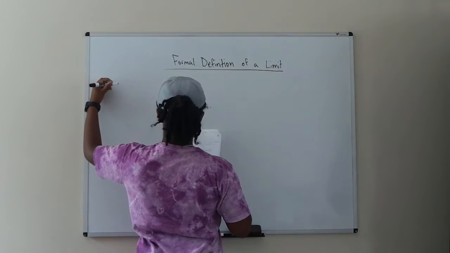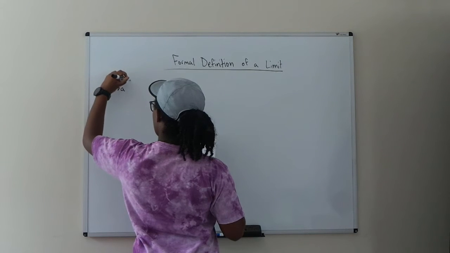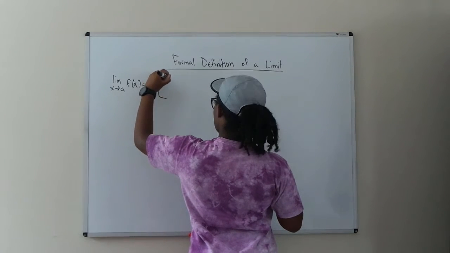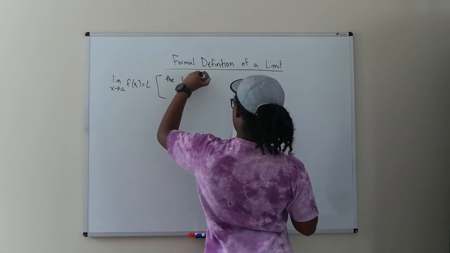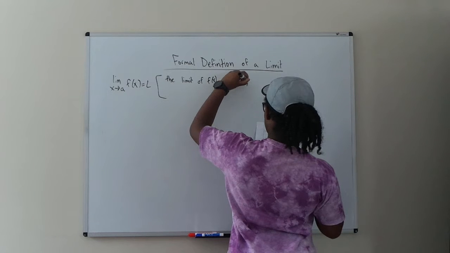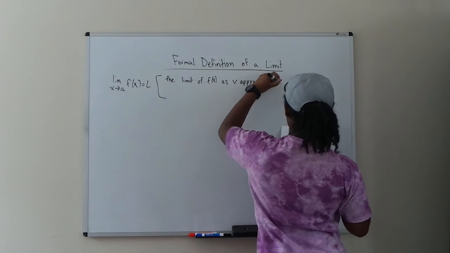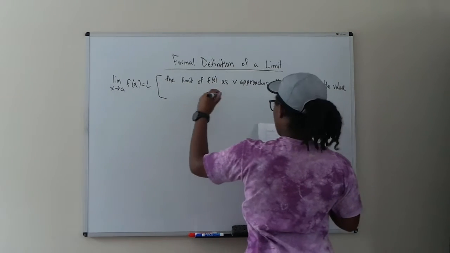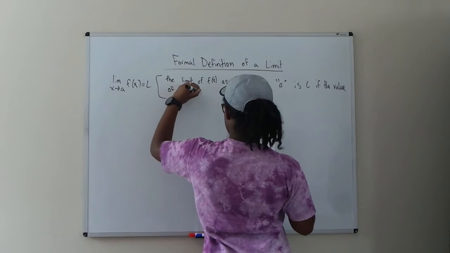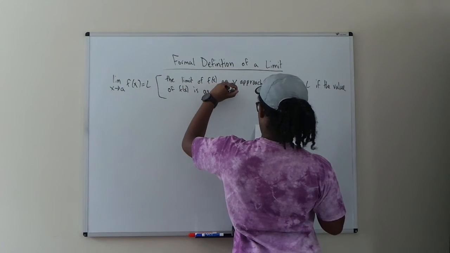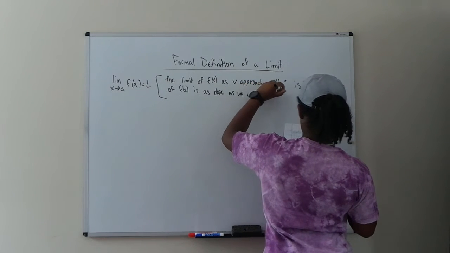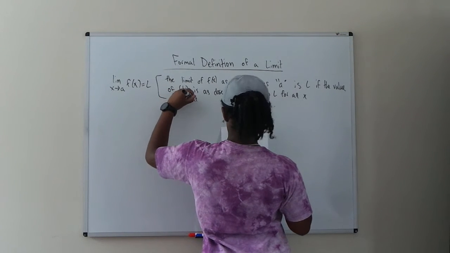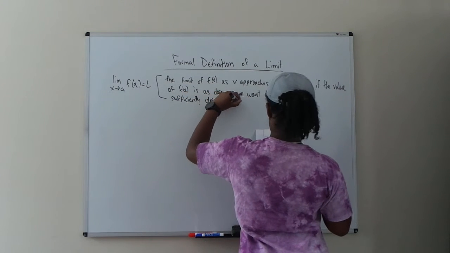To say that the limit as x approaches a of f of x is L means that the value of f of x is as close as we want to L for all x sufficiently close but not equal to a.